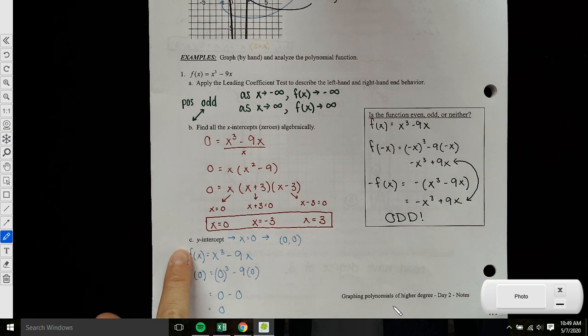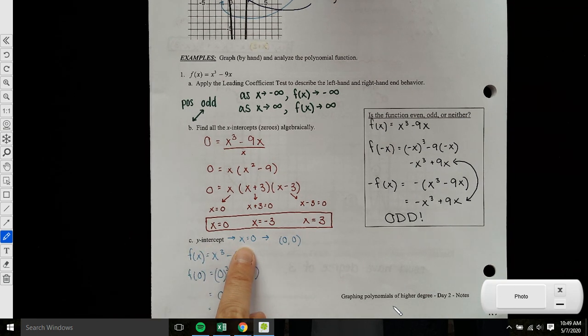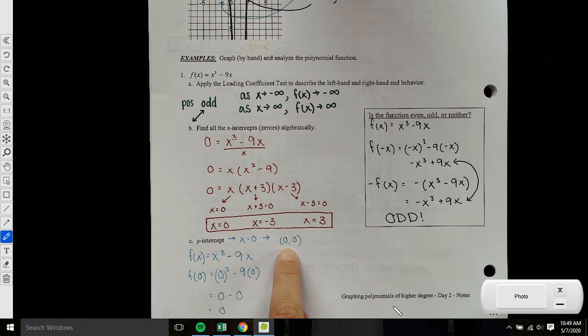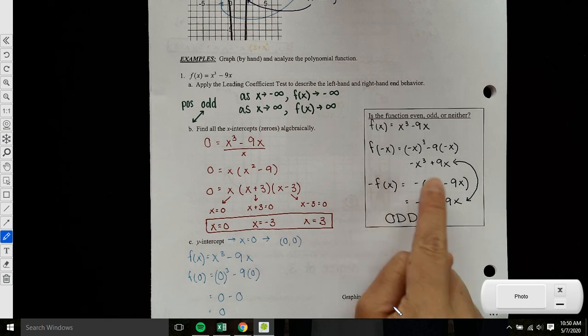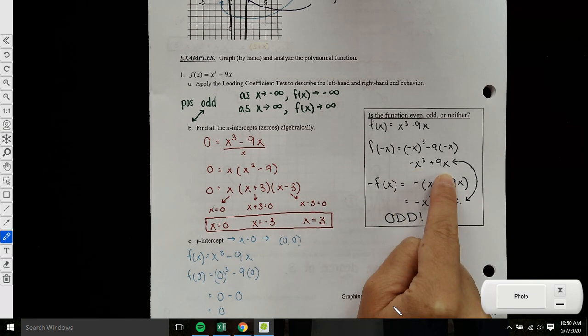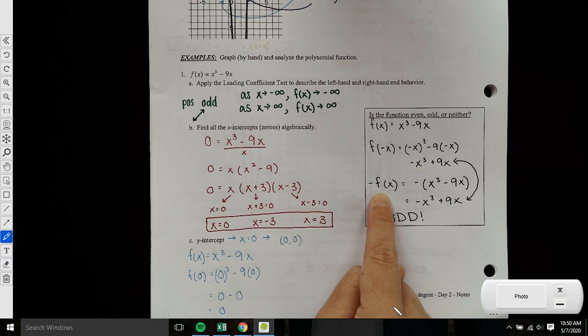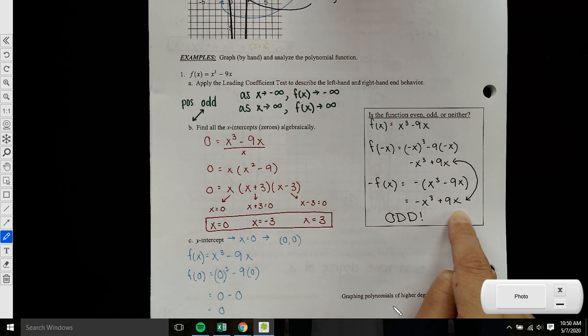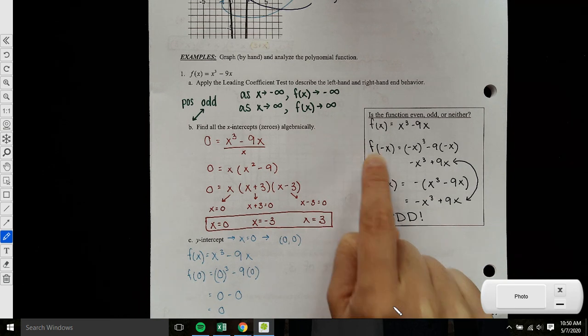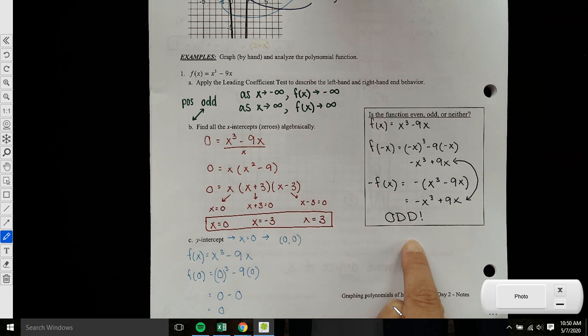Then I found my y-intercept by plugging in x equals 0, and I got the y-intercept of 0, 0. Lastly, I found that the function is odd because f of negative x is negative x cubed plus 9x, and negative f of x is also negative x cubed plus 9x. Since f of negative x equals negative f of x, that makes the function odd.